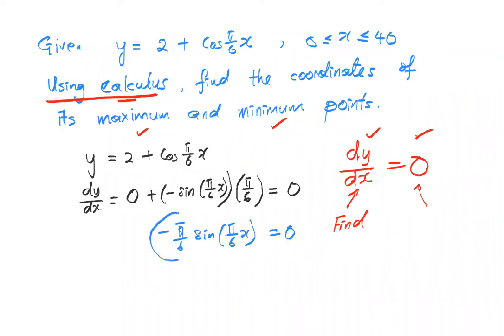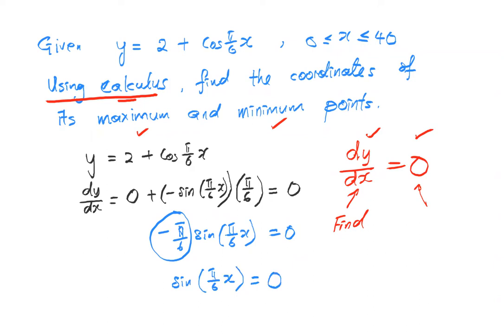This one cannot be 0, correct? So therefore, I write down my sin pi by 6x equal to 0.